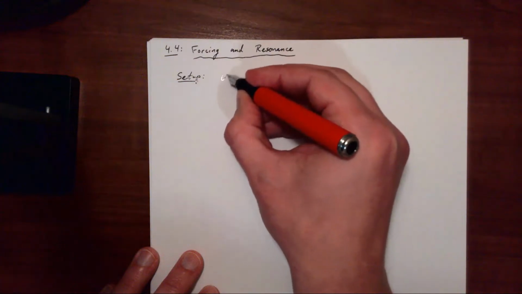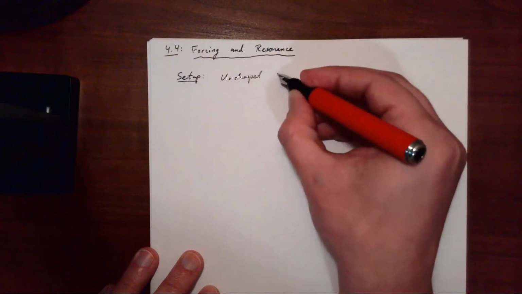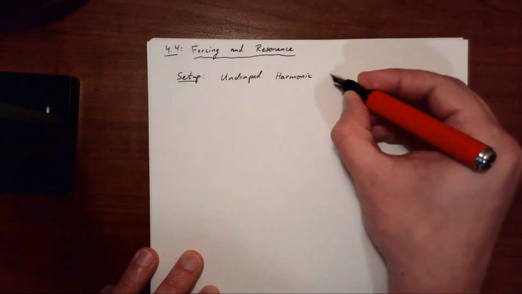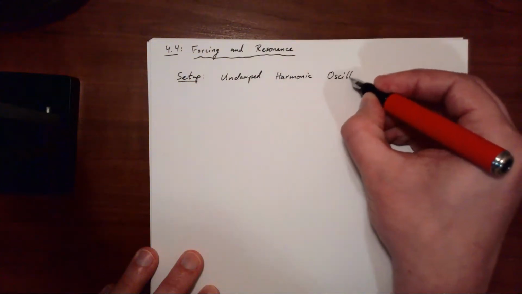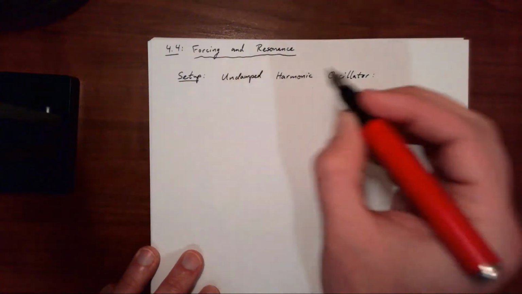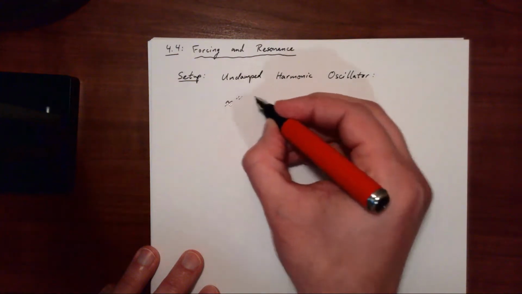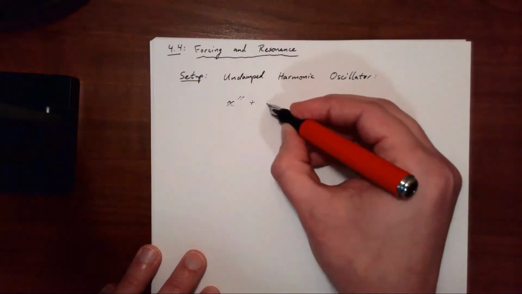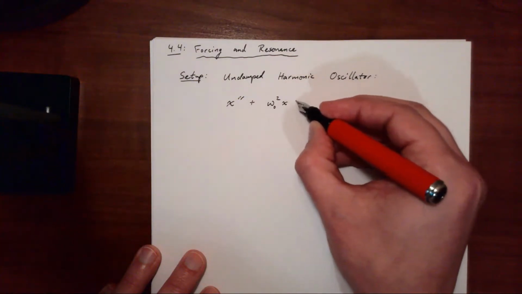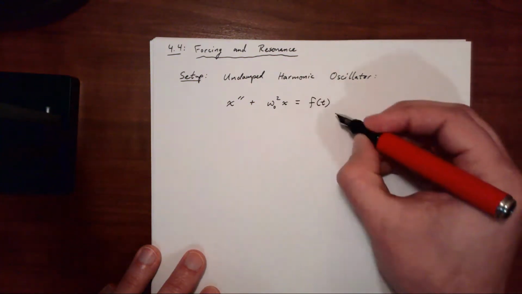What we're going to have here is an undamped harmonic oscillator. In particular, the equation that we'll be using will have the form x double prime plus omega squared x equals f of t.